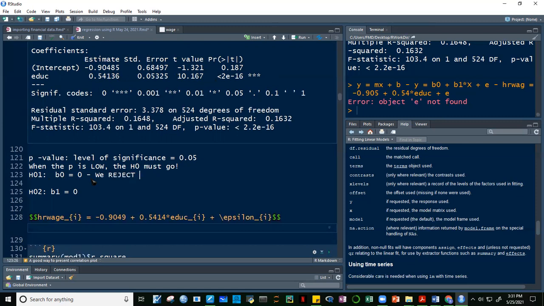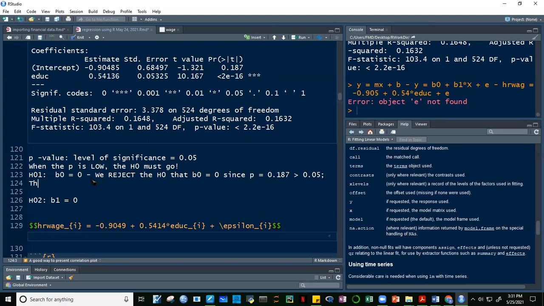We reject, okay, the null hypothesis that B null is equal to 0, since the p-value is equal to 0.187 is greater than 0.05. Mas mataas siya kaysa kay 0.05, no?